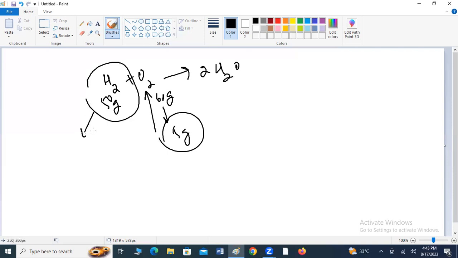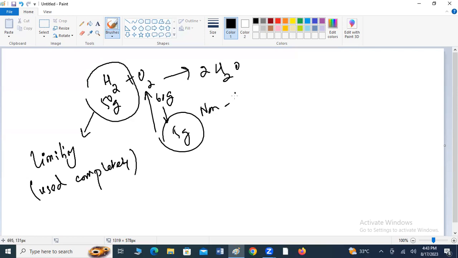This is limiting because it is used completely, and this is the non-limiting reactant or reactant in excess.